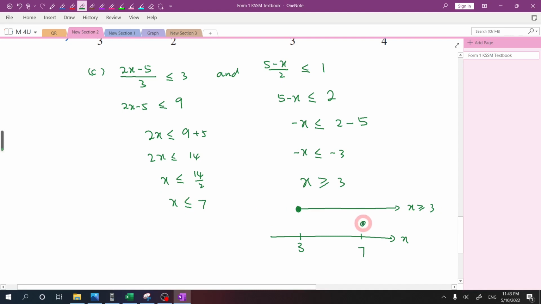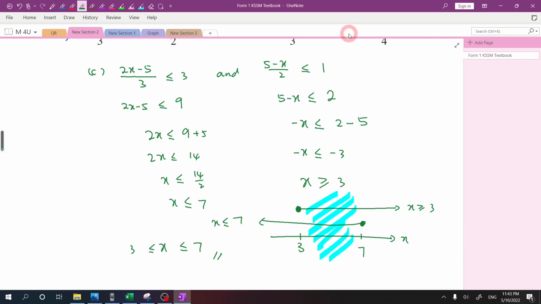Draw a circle and remember to shade the circle. Include 7. Now look for the common region. So the final answer will be x is greater than or equal to 3 and less than or equal to 7. Okay, so this is the way how we solve linear inequality.